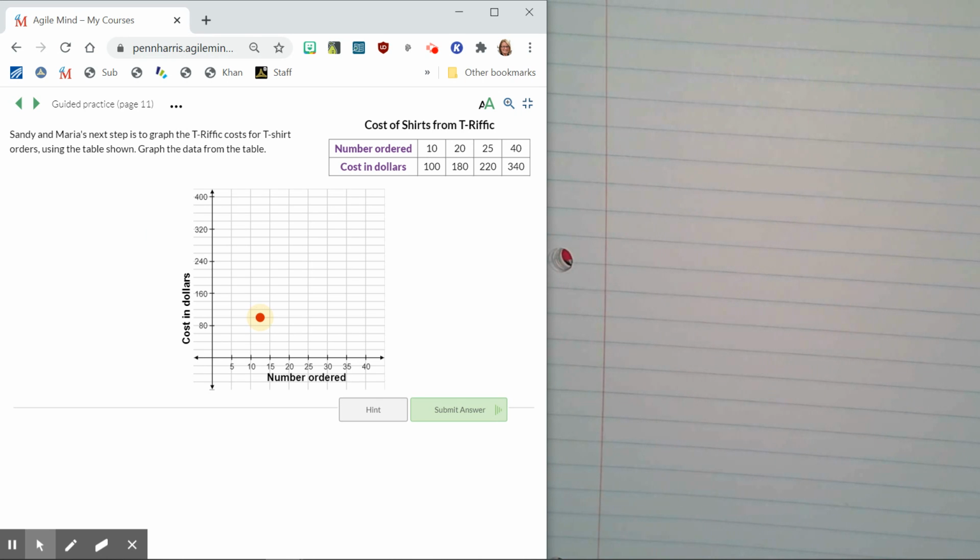And if we order 20 shirts, it's going to cost us $180. And if we order 25, it's going to cost us $220. And if I order 40, it's going to cost $340. There's 320, there's 340.